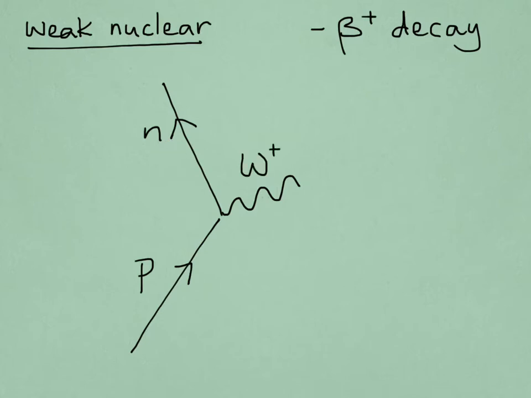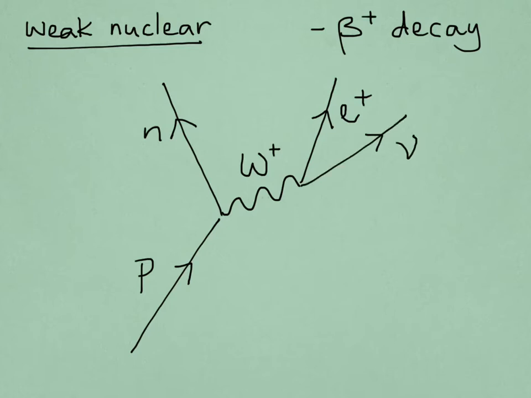So, not too surprisingly, the W boson has a positive charge and carries the charge away. That will turn into an electron, and because the W was carrying positive charge, this electron is actually a positron because it ends up with the positive charge.